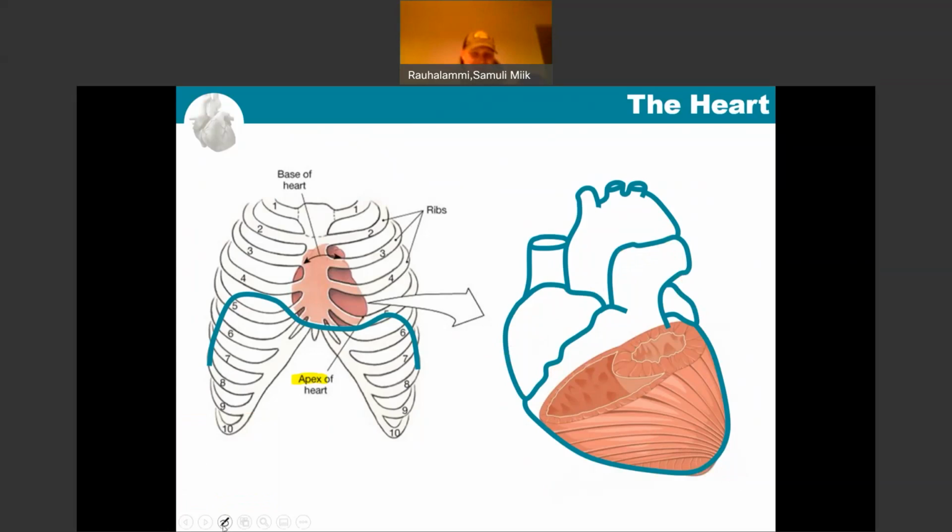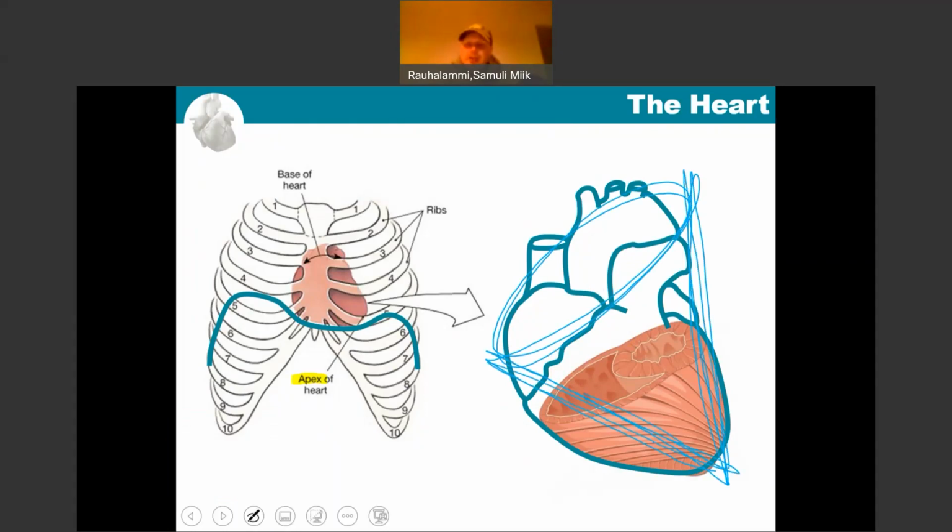You sometimes need a little bit of creativity when you're imagining these anatomical structures, but I think we can see a rough cone-shaped structure there if we imagine. And that's especially with the role of the ventricles.